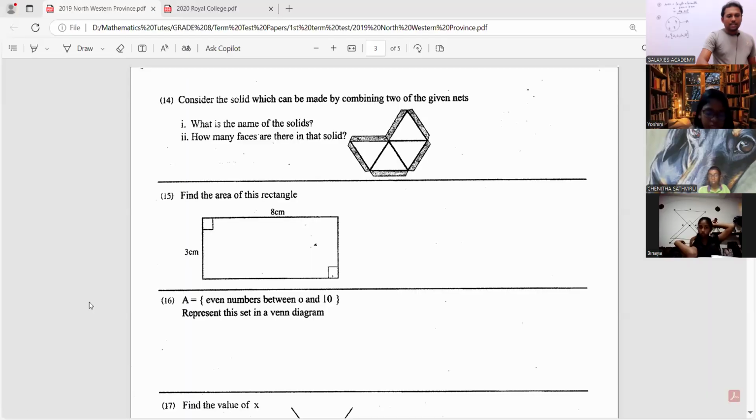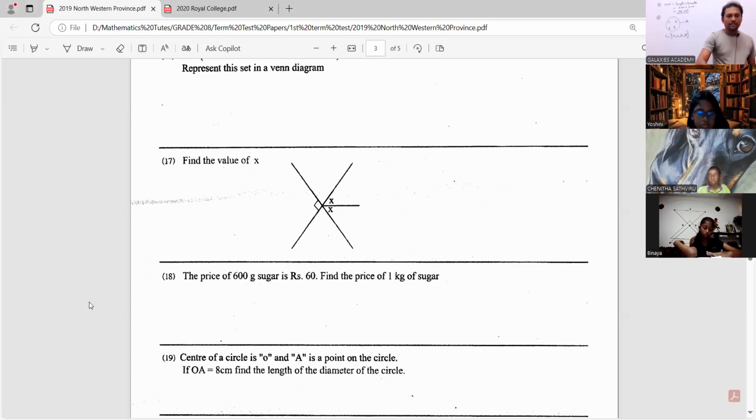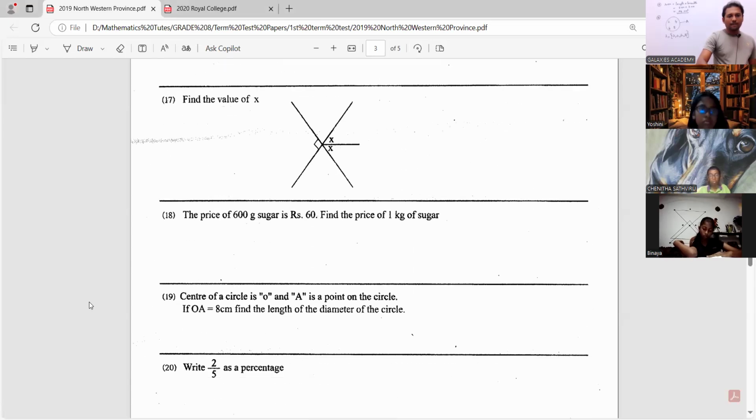Right, then let's go to number 17. Question number 17, given the diagram. This angle is given as 90 degrees, and this angle is x and this angle is also x. Can you identify the angles here? What name can you give for these two angles?